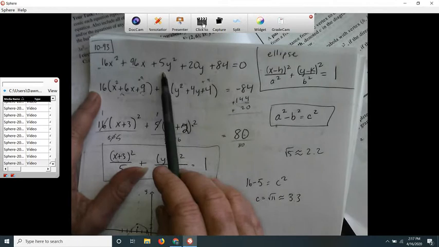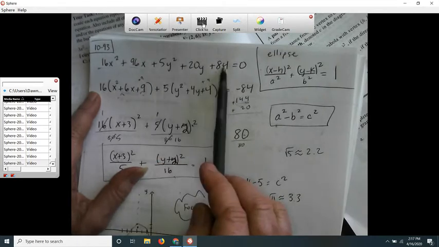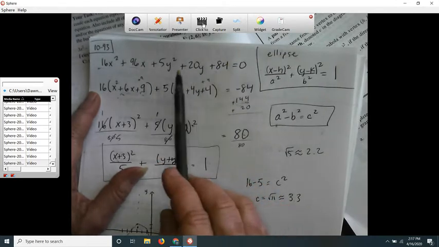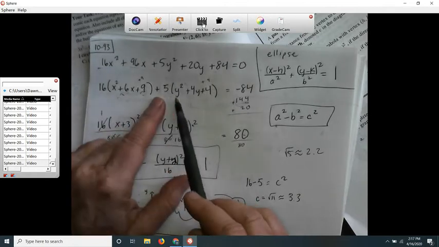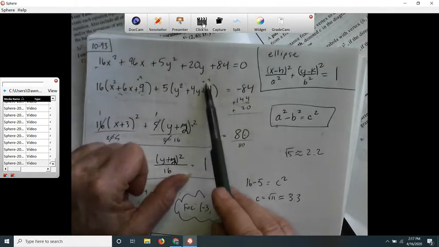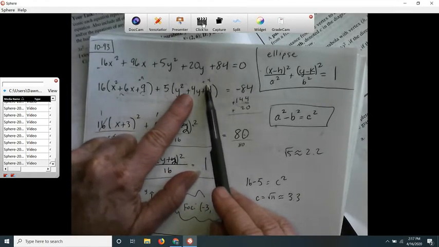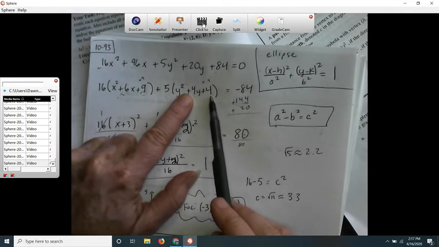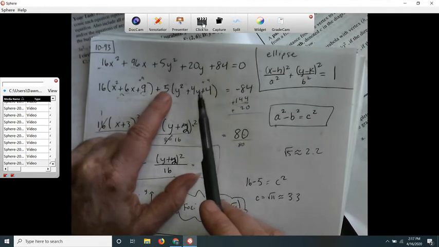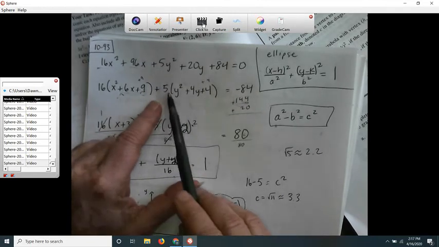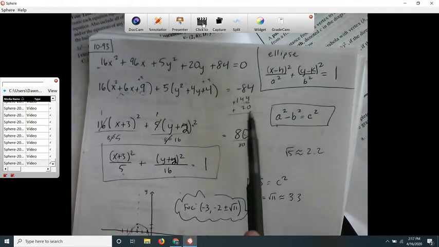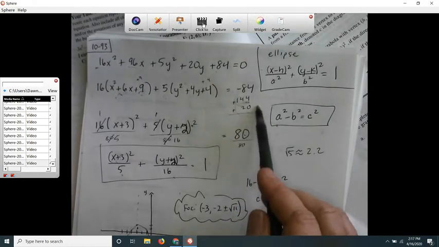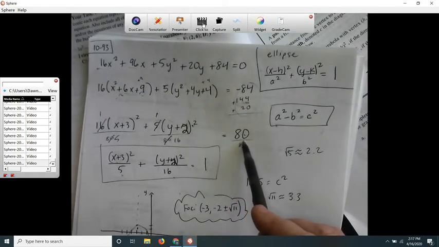And then likewise over here, the 84 I brought to the other side. And over here, I factored out a 5. And then I asked myself to complete the square. Half of 4 is 2, and 2 squared is 4, so I'd put a 4 in here, which really the value of it was 20, because 5 times 4 is 20. And then when I add all these up, I get 80.